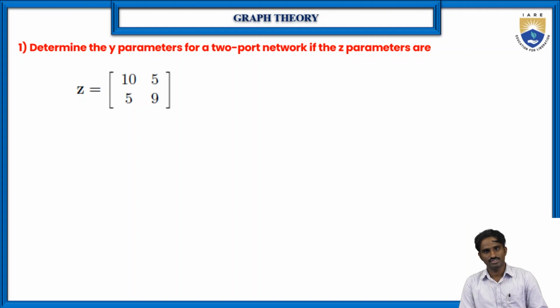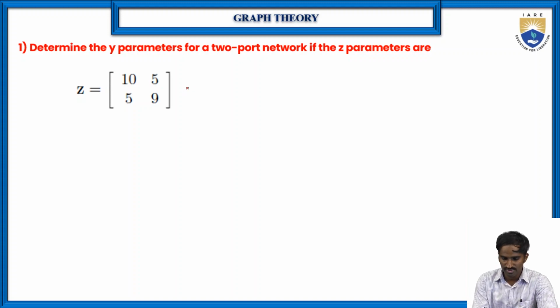Let me go with the first problem. The first problem is: determine the Y parameters for a two-port network if the Z parameters are given below. Z equal to 10, 5, 5 and 9. This is the Z parameter matrix.